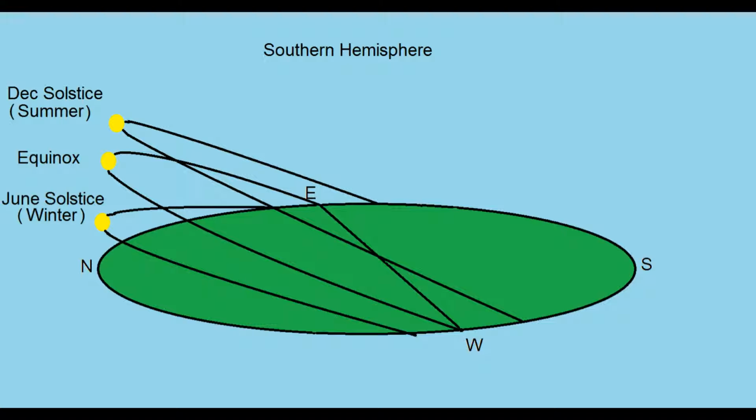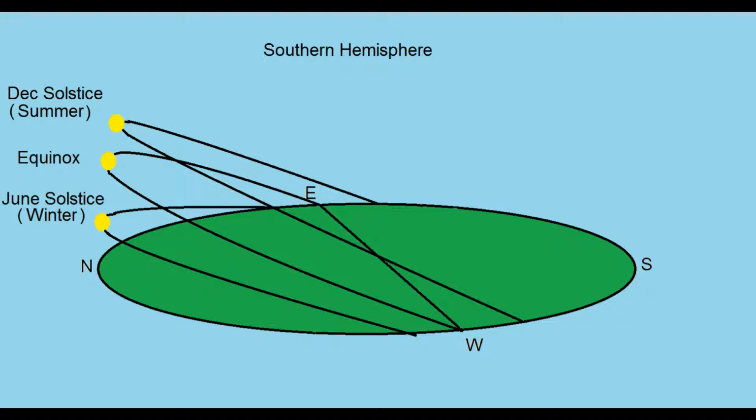Looking now at the southern hemisphere, you can see on the December solstice, which is the summer solstice, the sun rises south of east, makes an arc across the northern sky, and sets south of west.